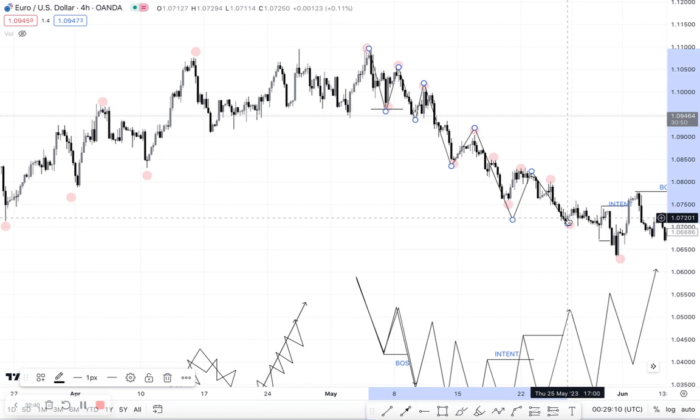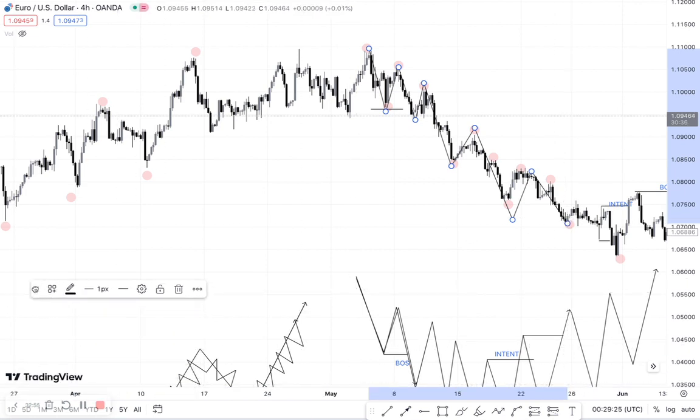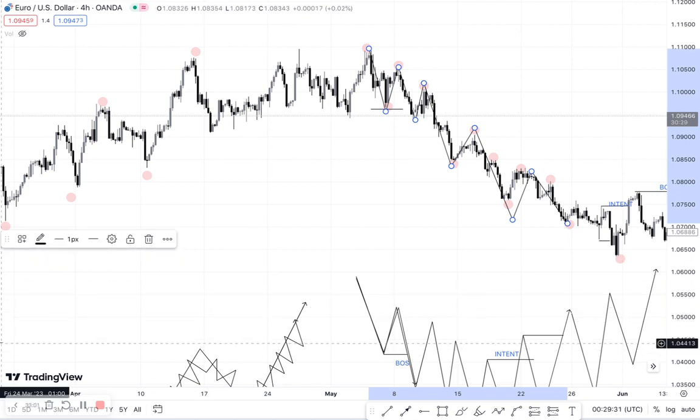So one thing is for you to spot out your bigger time frame moves, and another thing is for you to have a clearer view on the lower time frame so that you're able to take good actions. All right. So I will see you guys in the next video, and I'll be explaining more on internal and external structures.